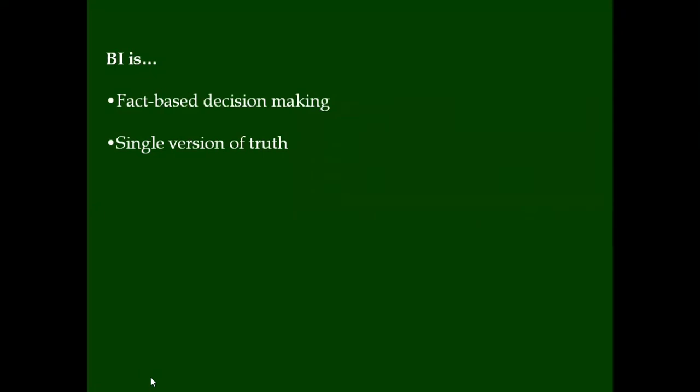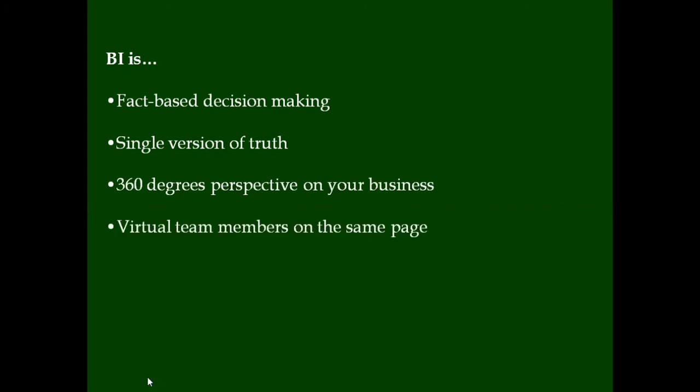It will give you only a single option. It means a single version of truth that needs to be followed. A 360 degrees perspective on your business, and virtual team members on the same page.